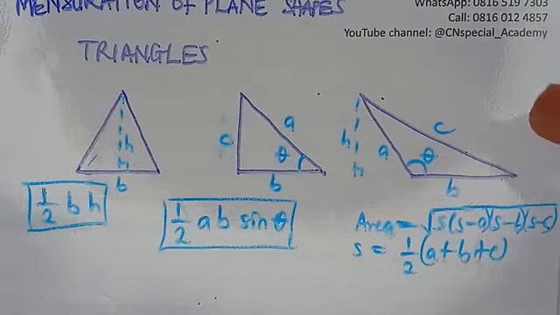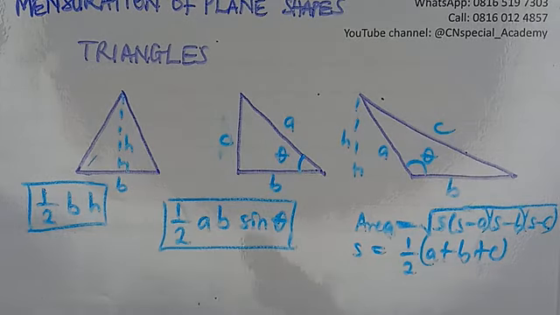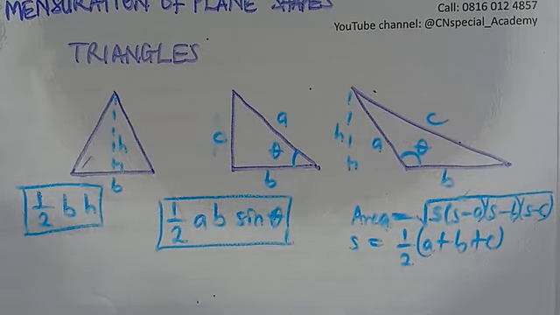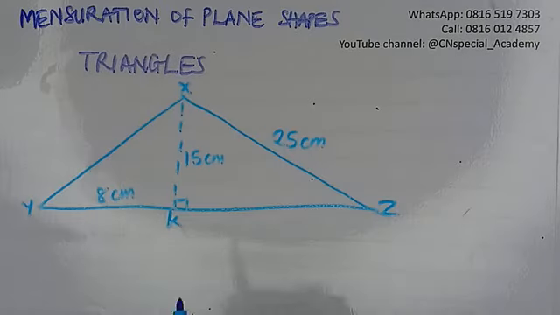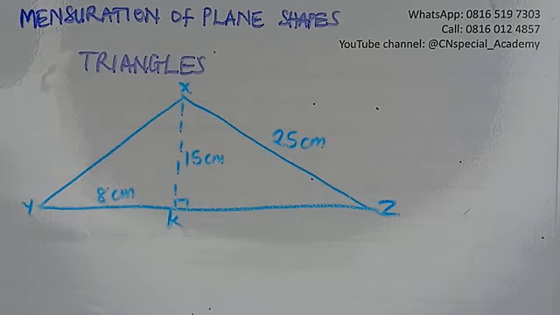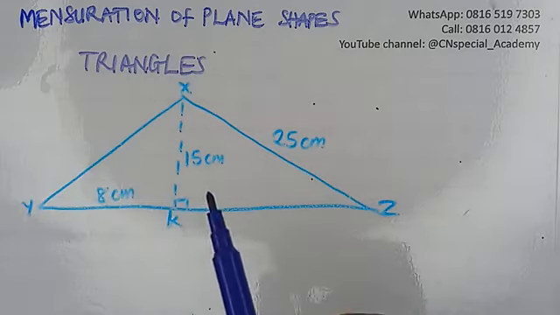Now we'll be looking into examples whereby we apply these different formulas in different cases. We have this question, this diagram here, and we've been asked to find the area of triangle XYZ, the area of the whole triangle.